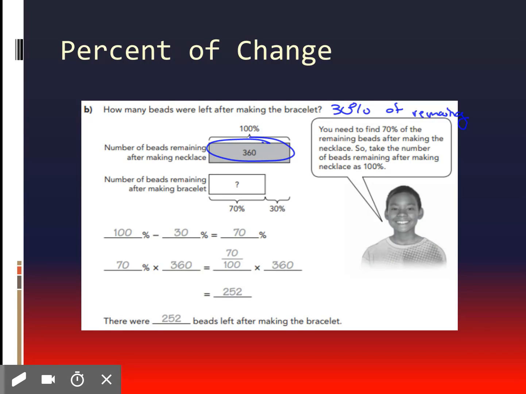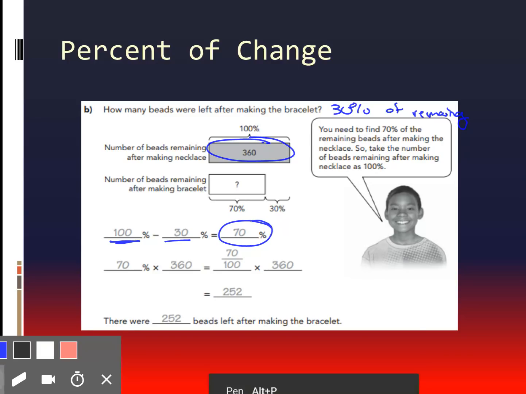So the math here is saying, okay, what percentage is left over? So 100%, which this time is representing the 360, minus 30 says that 70% of what was remaining is now left over. So we just do 70% times 360, which is 70 over 100 times 360. And if you do the math, change colors here so you can see it better.